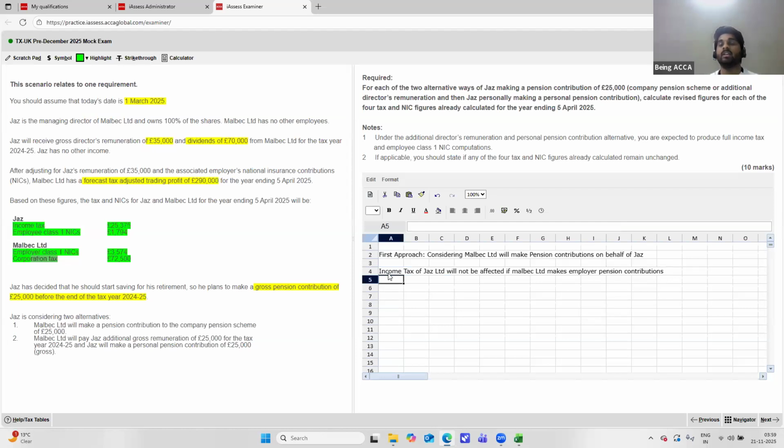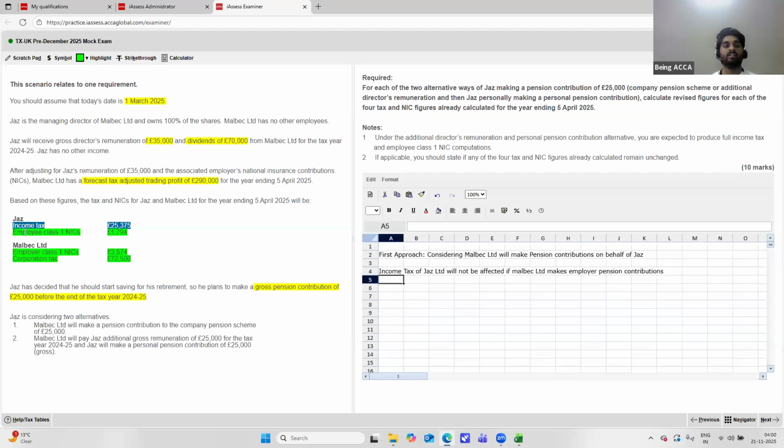Always remember, employer pension contributions are an exempt benefit and will not be added to the employment income, so the total income of Jazz will not be affected. And because the total income is not affected, the taxable income will not be affected, and because of that, the income tax will not change.